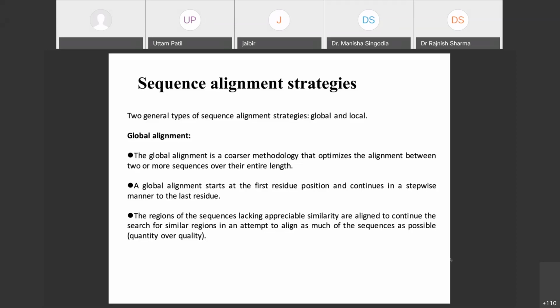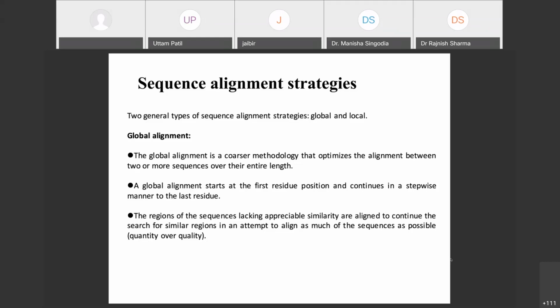Right. So here one thing is important. We are looking for more identical residues rather than a bunch of residues together, which could tell you greater similarity between two proteins.